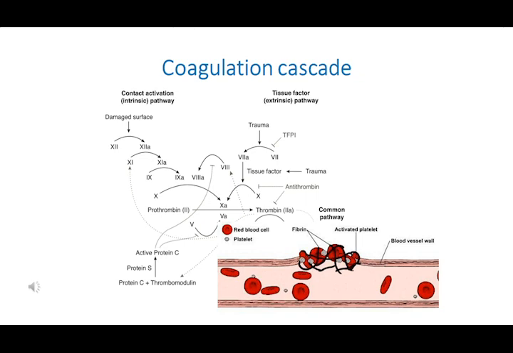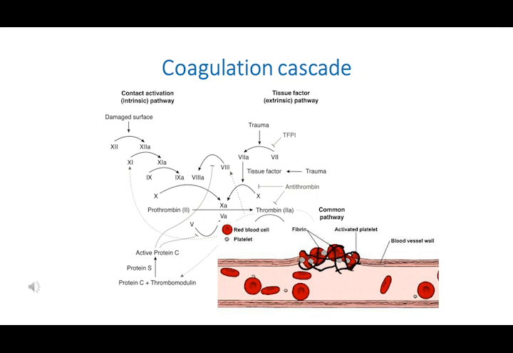In this case, in response to trauma or some sort of insult in the vasculature, a whole cascade of what seems to be a million pathways happens. This activates that, and the newly activated thing will activate another thing, with the final purpose being to create a clot to prevent bleeding.